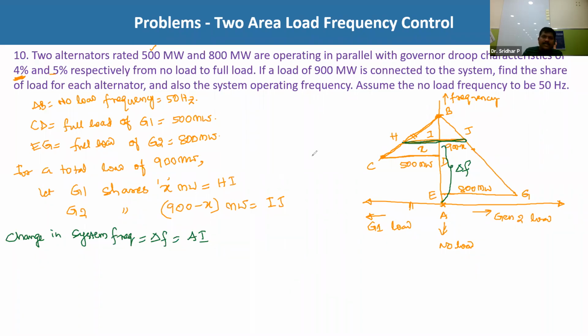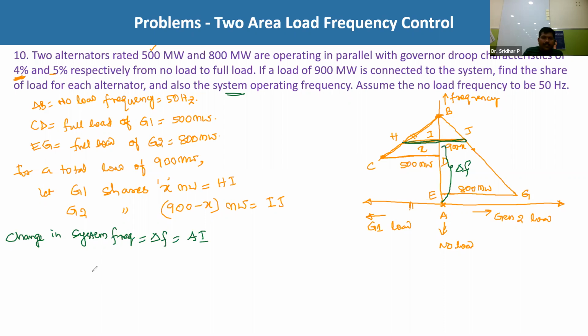Because he is asking us to determine the system operating frequency. The system is the combination of two areas, so that is the reason we have marked on a common frequency reference axis. That is the logic behind that, nothing more than that.